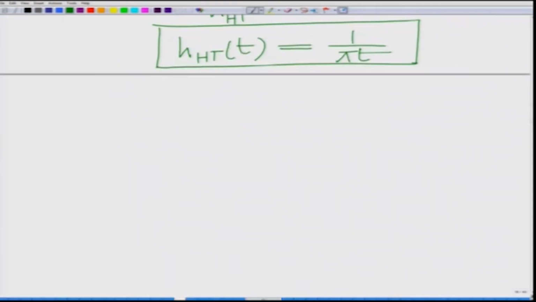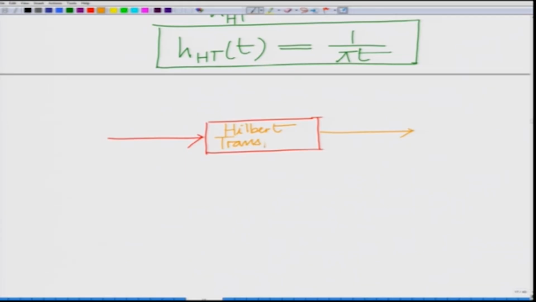Therefore, now if you look at the Hilbert transform, remember the Hilbert transform is an LTI system, correct. This is your Hilbert transform. If you pass the signal m of t, out comes the Hilbert transform m hat of t.